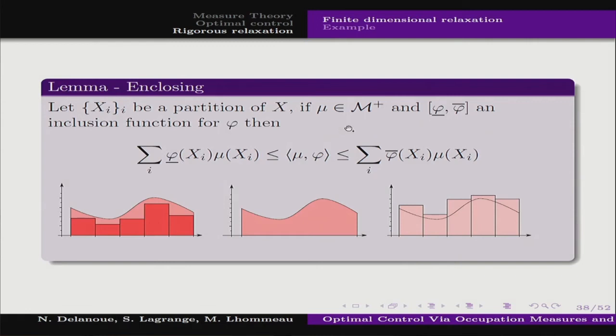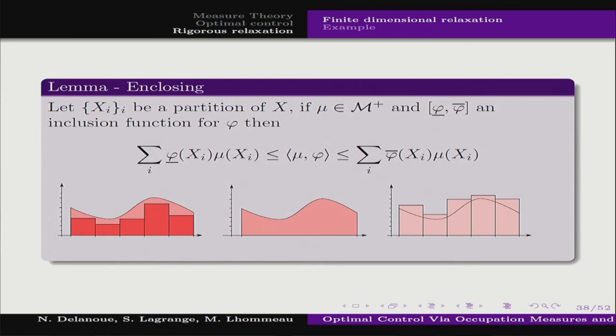As soon as I have this, it is possible, from a partition of x, so here x is just this segment, which I divide into 5 segments in this example, to enclose the integral of this function with respect to this measure. It is possible just to add those two sums, and you obtain guaranteed bounds for the integral.